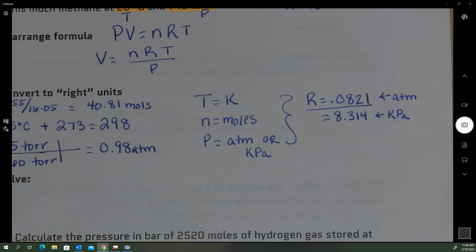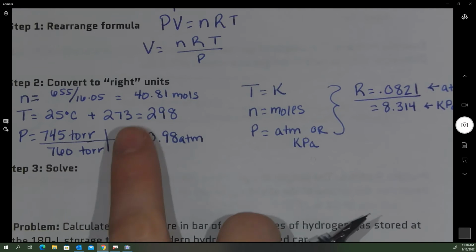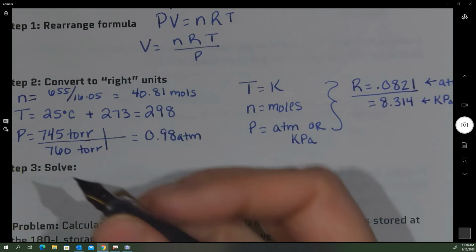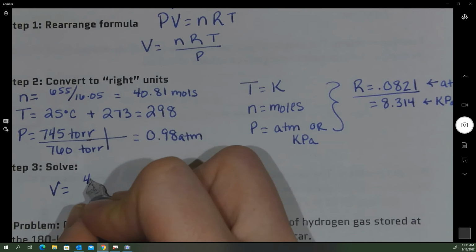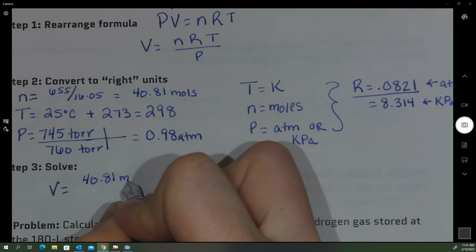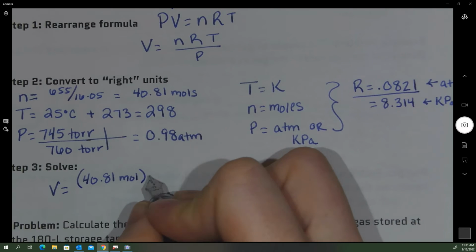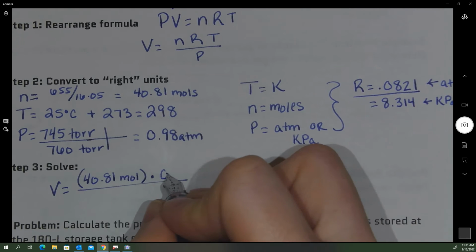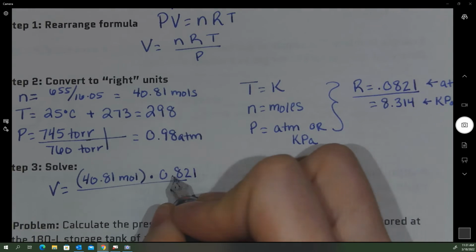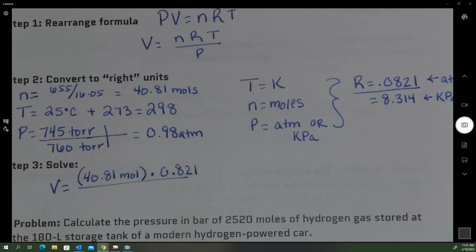The next thing we need to do is just plug and chug. We're going to plug these numbers into this equation. So V is equal to n, which is 40.81 moles, times R. My R value is 0.0821. And I'm going to show you how you would write this with our units.